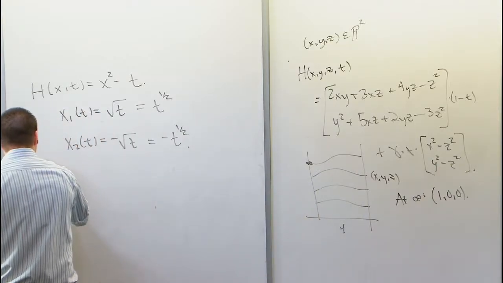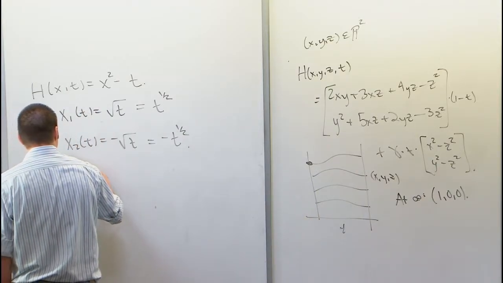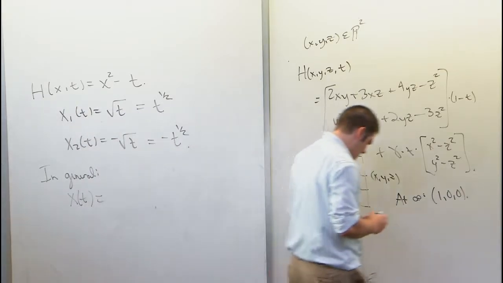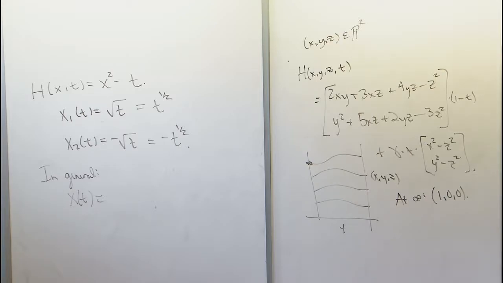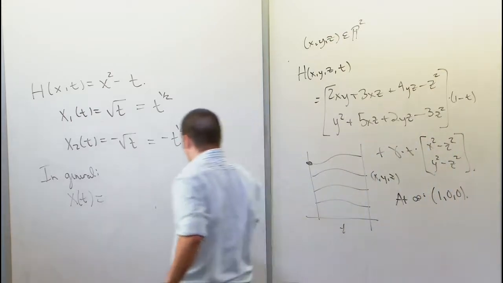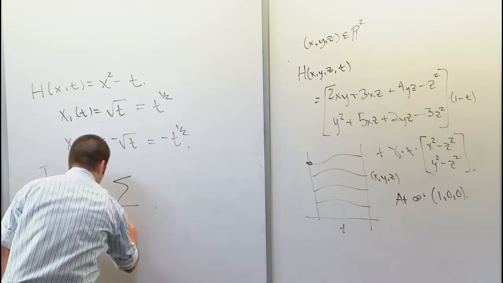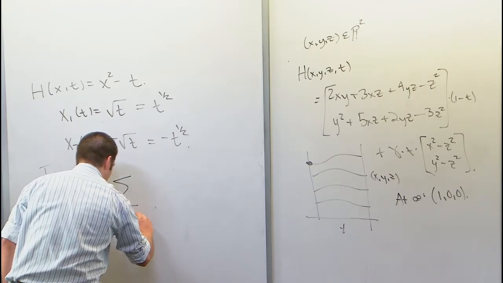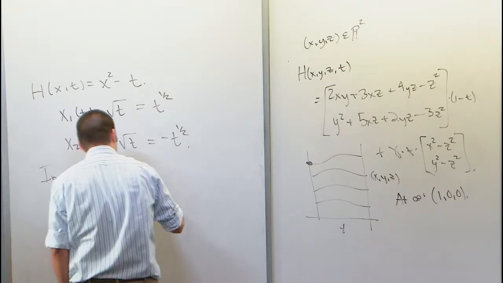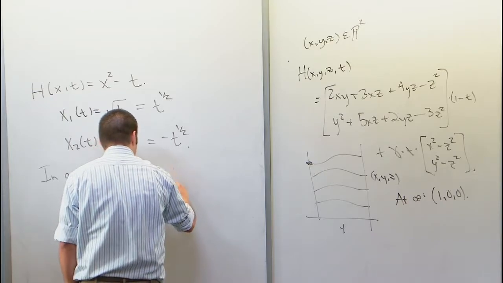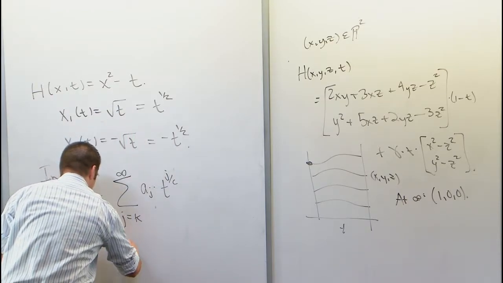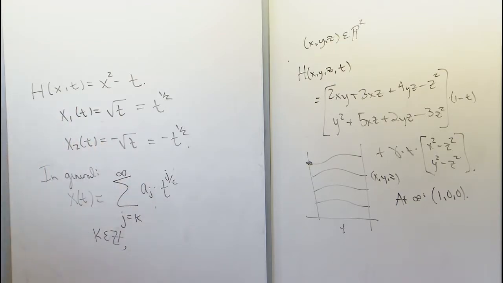So in general, x of t looks like this: summation for j equal to k to infinity of a sub j times t to the j over c, where k is some integer. It could be negative.